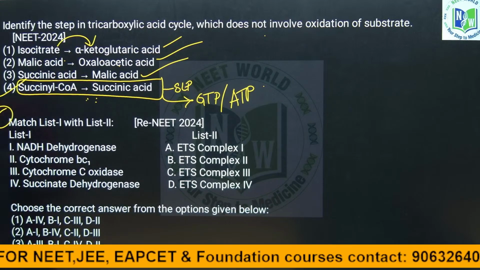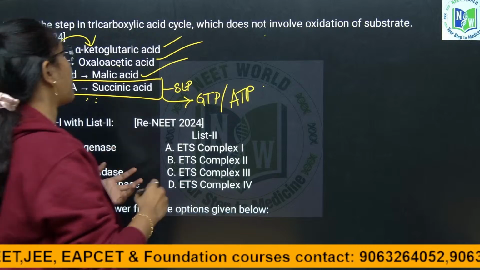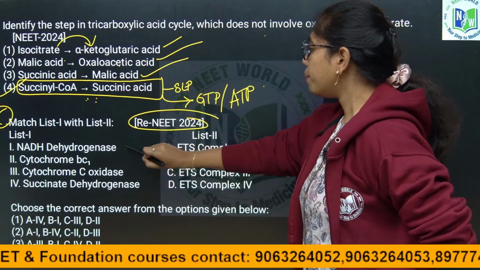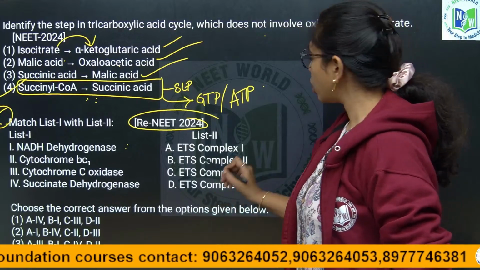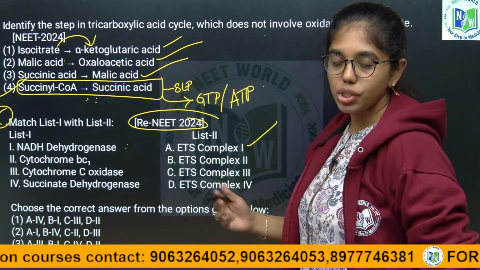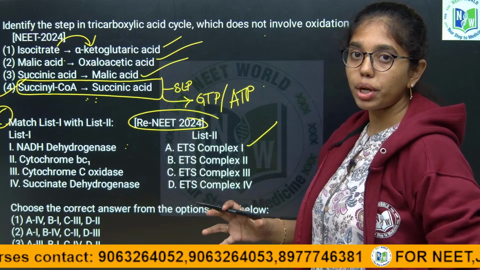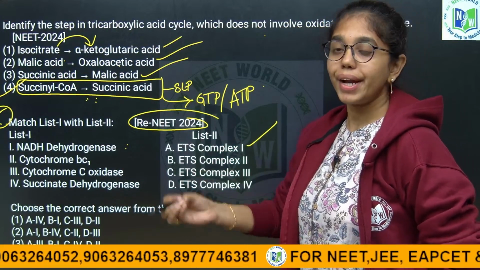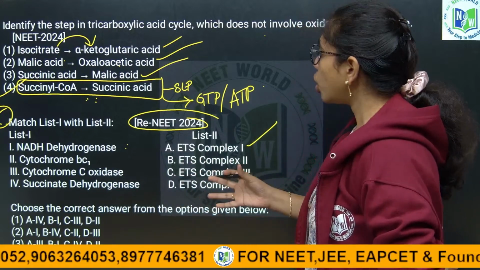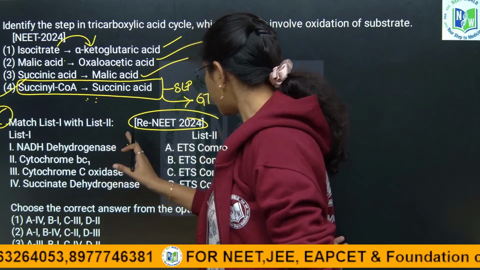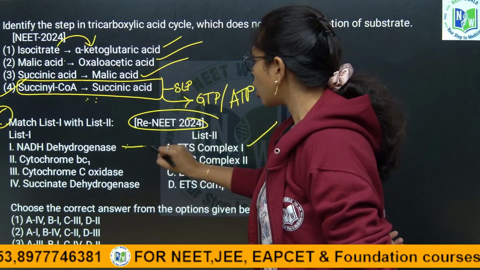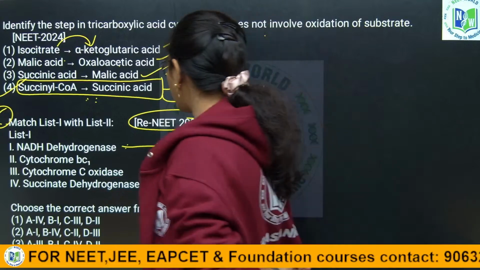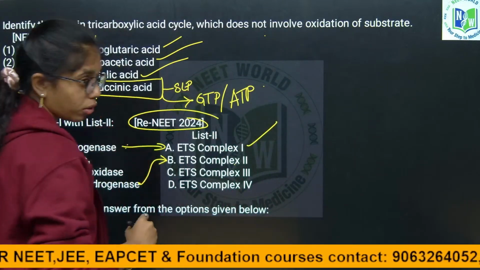Again, a match the following question which appeared in NEET 2024, wherein NADH dehydrogenase is complex 1. ETS, as we just discussed, operates in the inner mitochondrial membrane, and a proton gradient is generated in the intermembrane space. Complex 2 is succinate dehydrogenase.